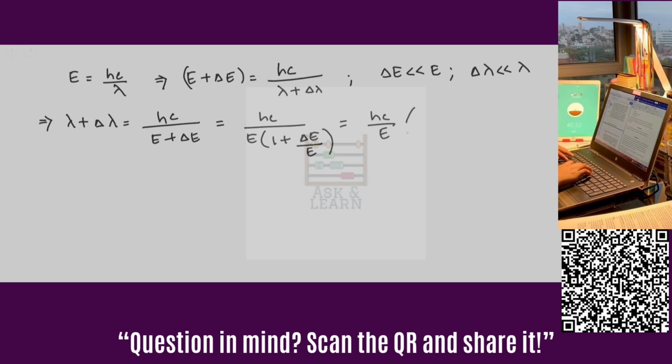So now using binomial expansion, we can write this value to be 1 minus delta E over E. Now, as you can see, this value corresponds to lambda.